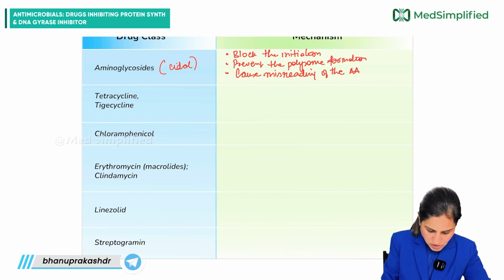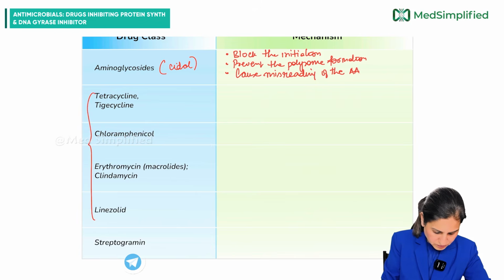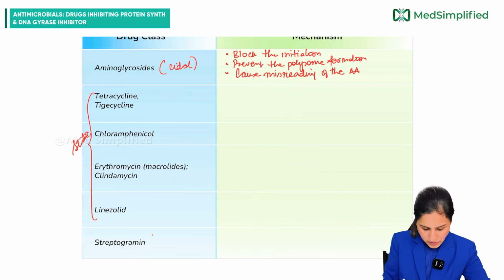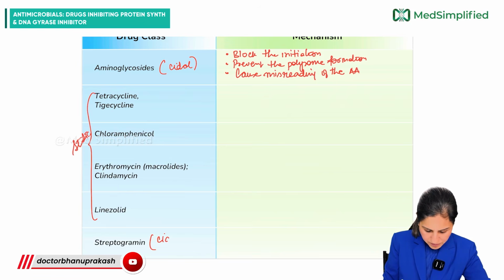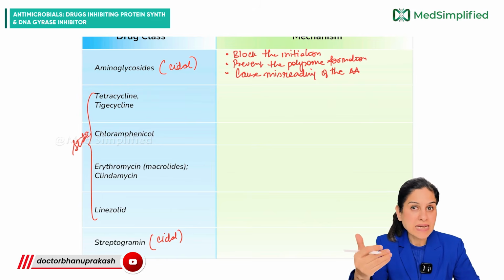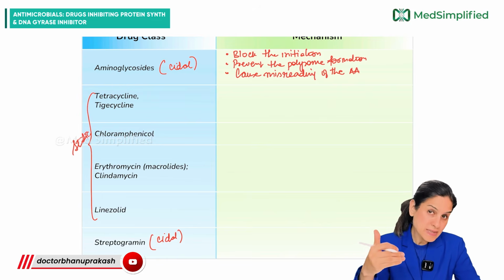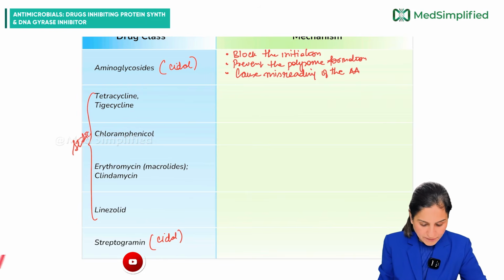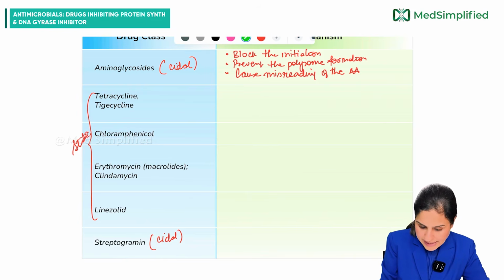Tetracyclines, tigecycline, and all the rest of these drugs are static drugs, except for aminoglycosides and streptogramins. Normally, all the drugs which inhibit protein synthesis are static drugs. Exceptions are aminoglycosides and streptogramins. Then we have tetracyclines and tigecycline.